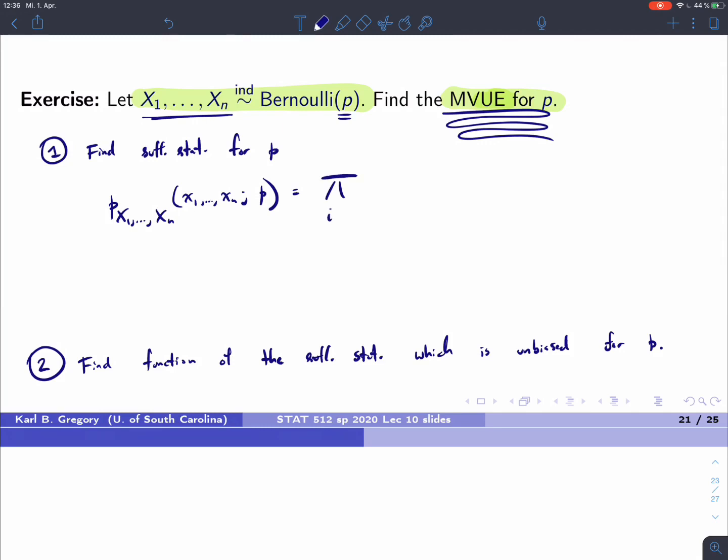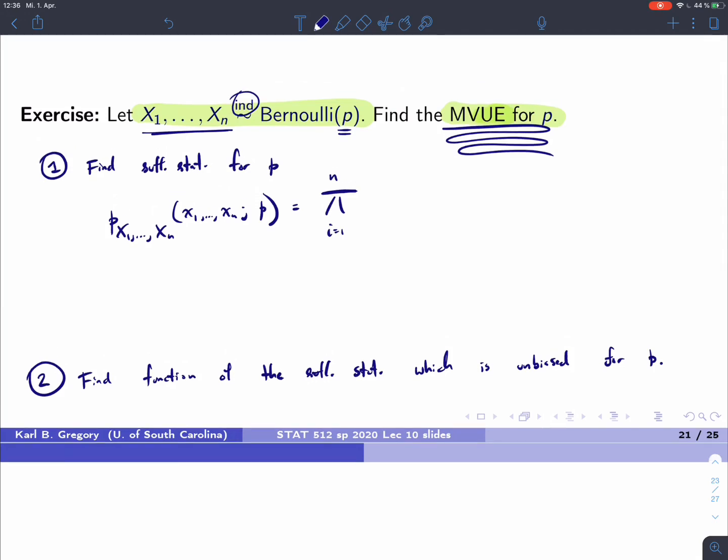It's a product, since I've got independent random variables, it's the product of their marginal probability mass functions. So each one is like p raised to the xi, 1 minus p raised to the 1 minus xi. And if we want to include the support, xi has to be either 0 or 1, so xi in the set 0 or 1.